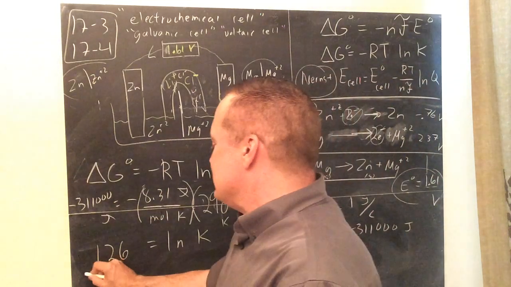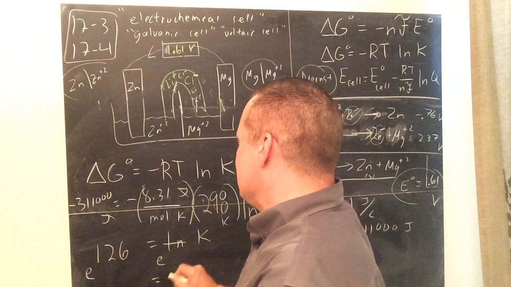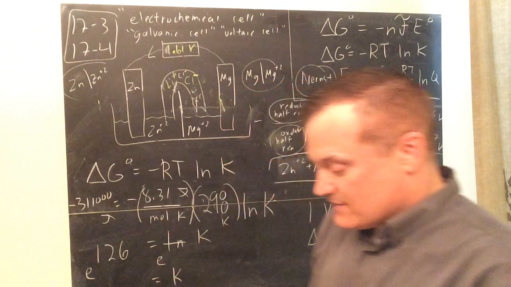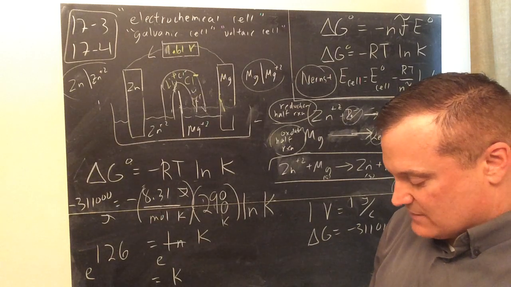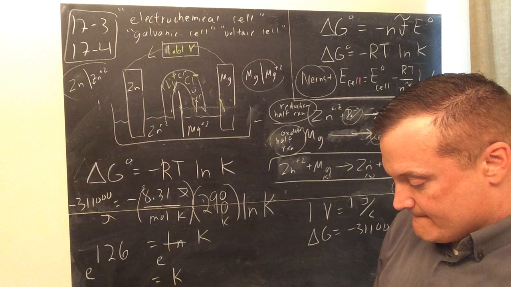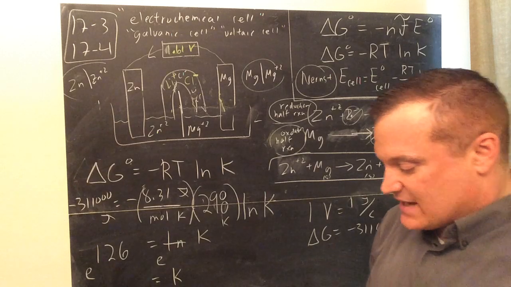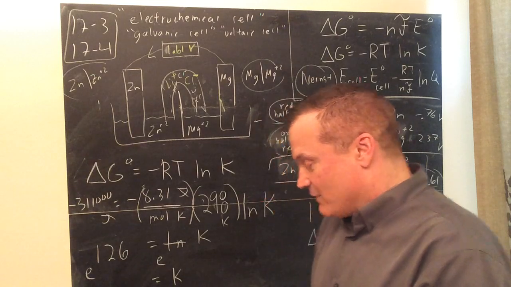Now remember what you do. e raised to 126 is e to the ln K. That gets rid of the ln. So K equals e to the 126 power. I'm just going to keep the calculator number here and see. Looks like I get 3.5 times 10 to the 54 power.